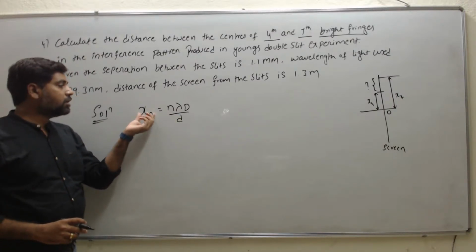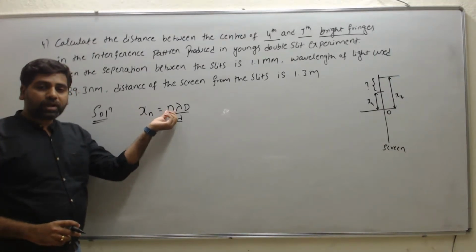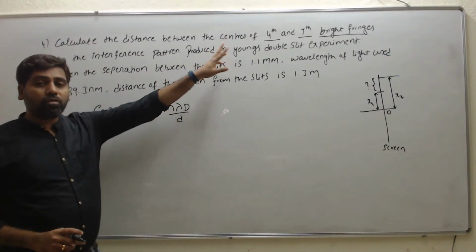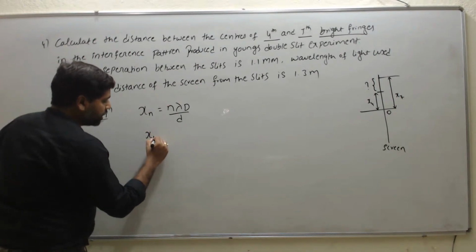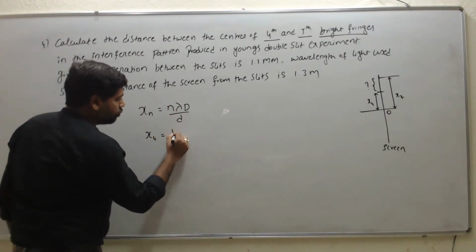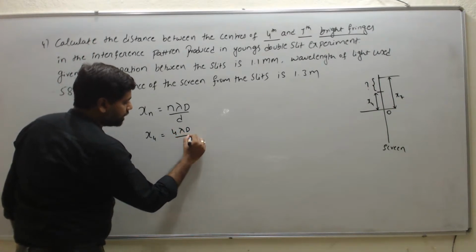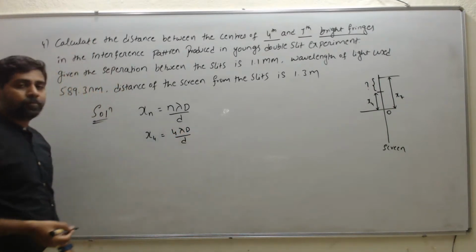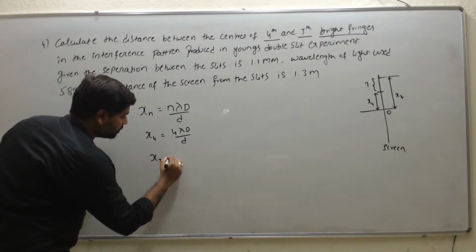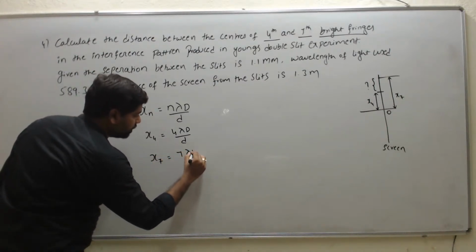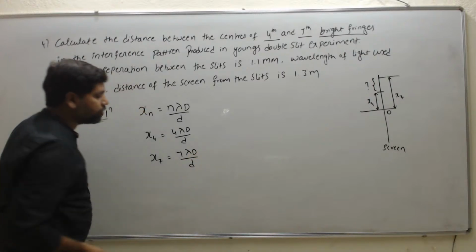If it is 1, then x1 is equal to, n becomes 1. Here in the question they gave 4 and 7. Then for the fourth bright fringe, x4 is equal to 4 lambda D divided by d. For the seventh bright fringe, x7 is equal to 7 lambda D divided by d.